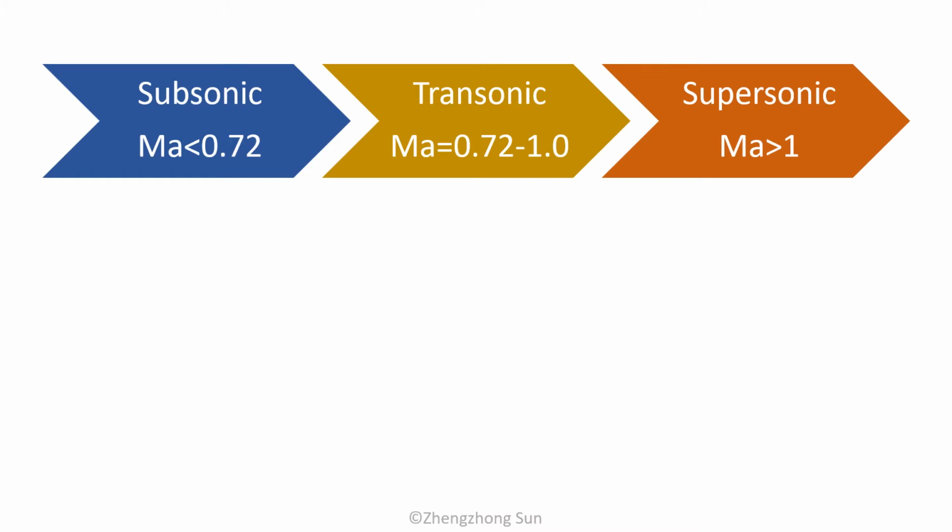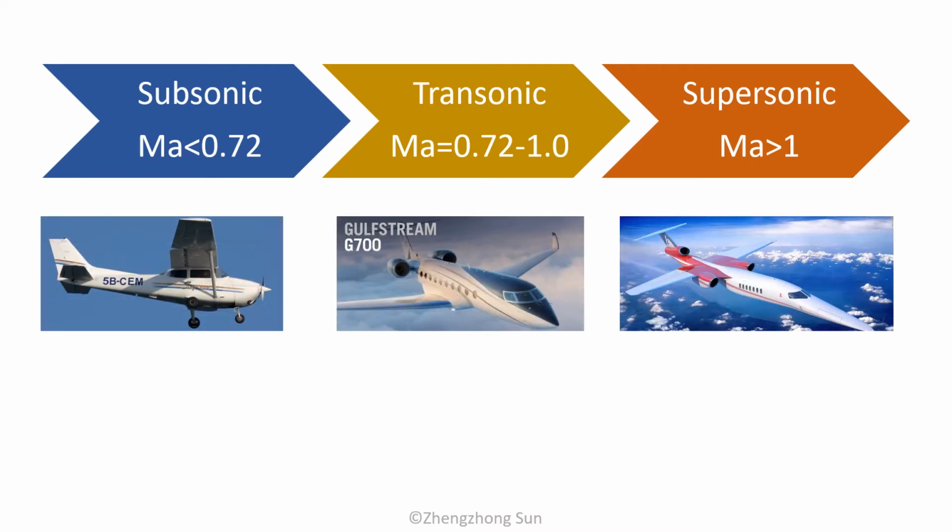This is a very important question, but I'm not answering it now. Later, in the next lecture, we will be able to answer why we want to separate the transonic flow from the subsonic flow and study it dedicatedly.